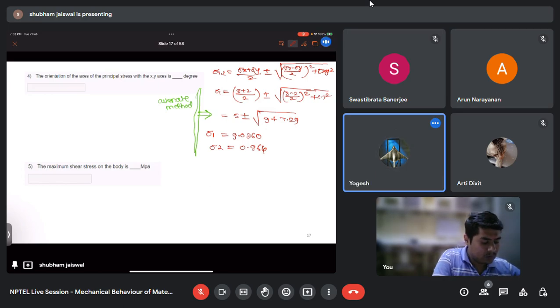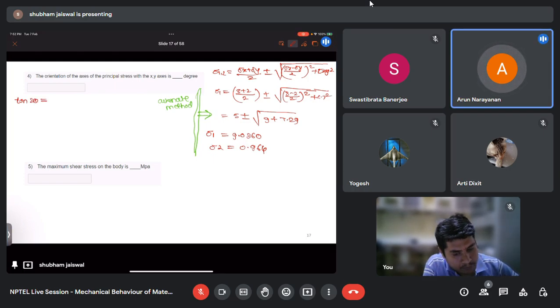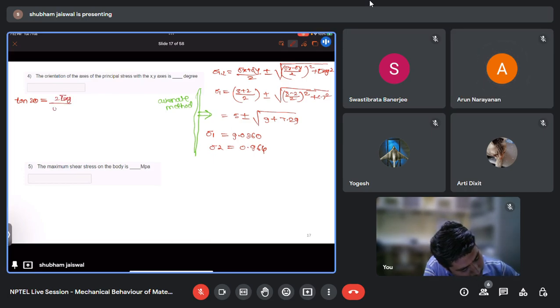Okay. So the next part of this question is the orientation of the axis of the principal stresses with the xy axis in degrees. So the maximum normal stress is given by tan 2 theta p equal to 2 tau xy divided by sigma x minus sigma y.